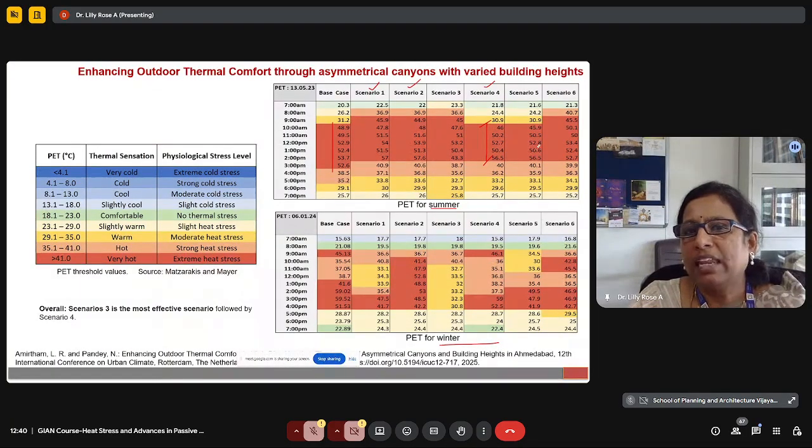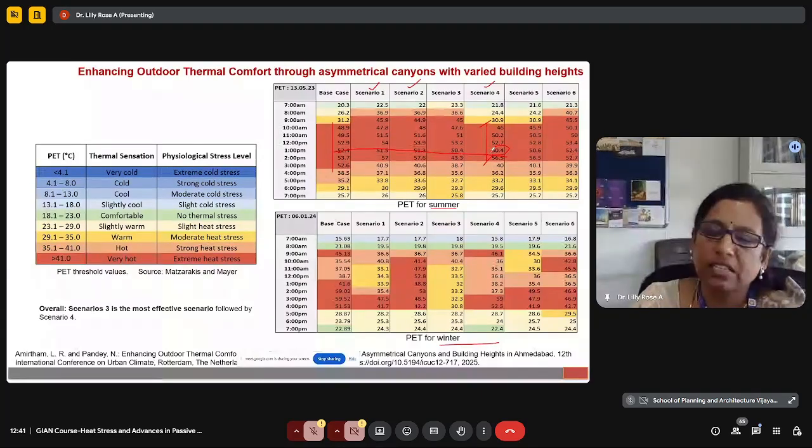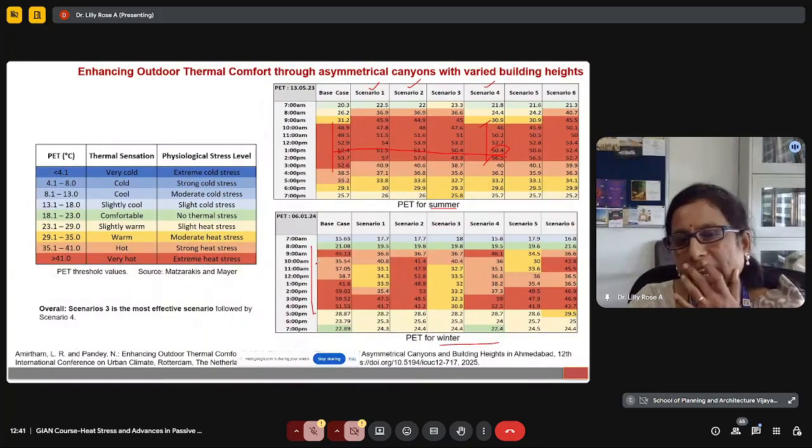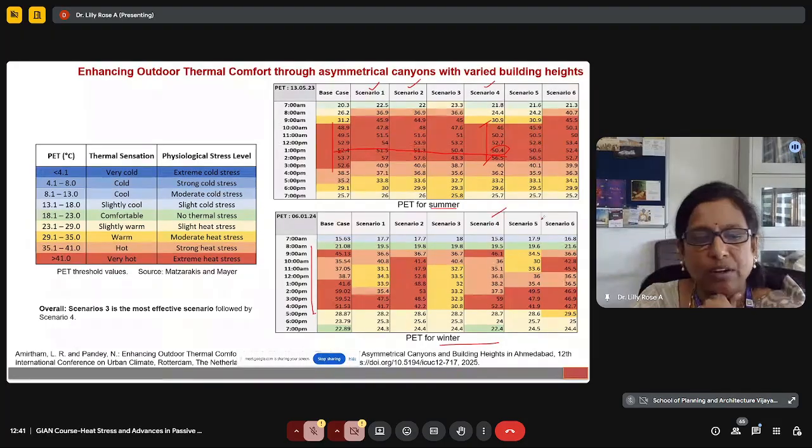But then the variation, if you see, has reduced by about 2 degrees Celsius. From 52.4, it reduced to about 50.4, which is a significant reduction in terms of PET values. In winter, there was also extreme heat stress of about 5 hours, which was significantly reduced to 3 hours in scenarios 4 and 5.